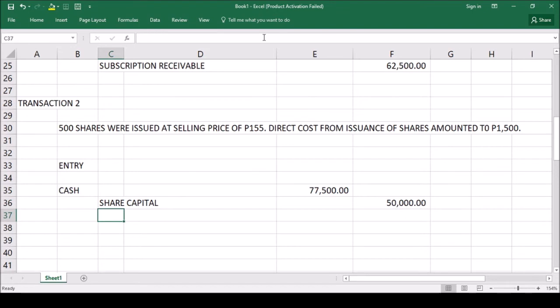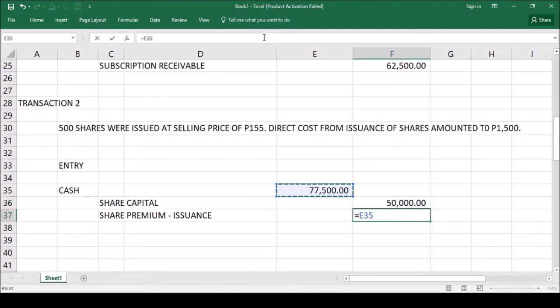Sir, hindi po magbabalance yung debit at credit. If shares are issued above par, the excess shall be recognized as share premium on issuance. Okay? So, share premium on issuance, the difference between 77,500 and the 50,000 is the share premium on issuance of the shares.